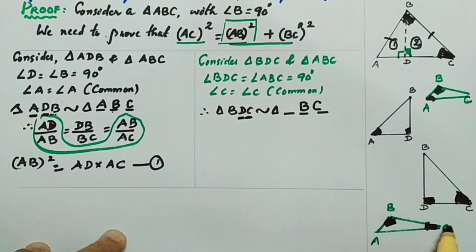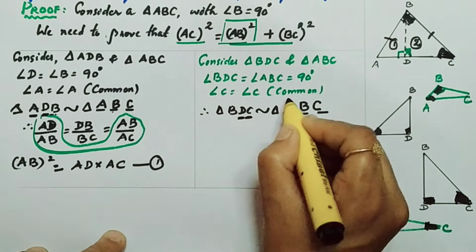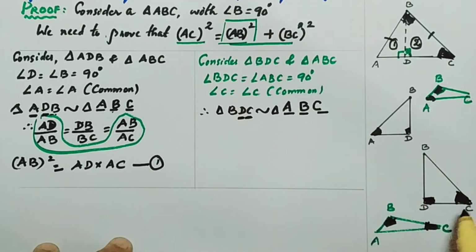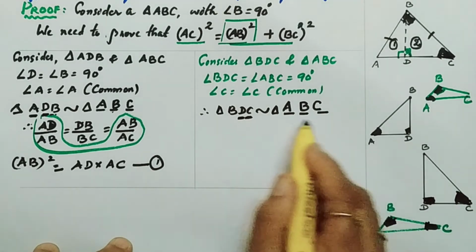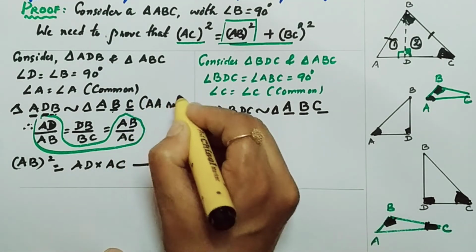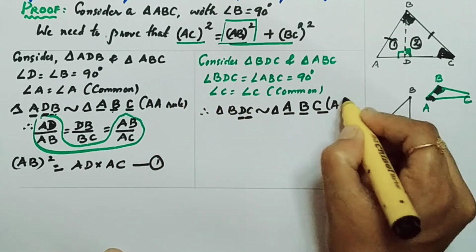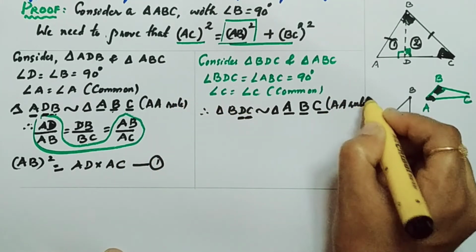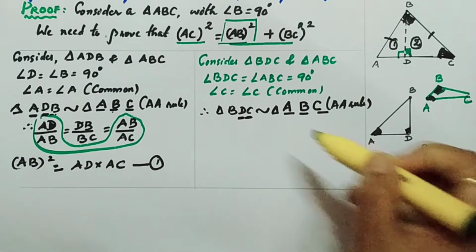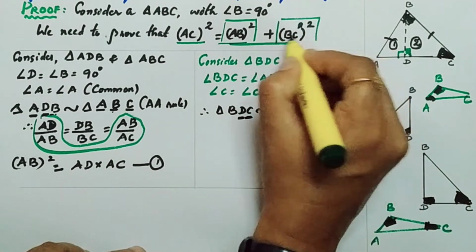For the whole triangle ABC, the remaining letter is A. So, triangle BDC is similar to triangle ABC. Reason: AA rule, the angle similarity criterion.